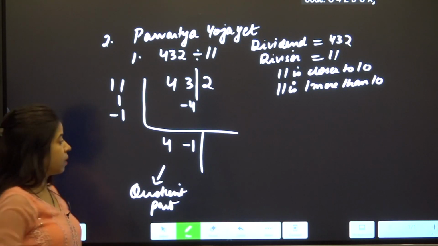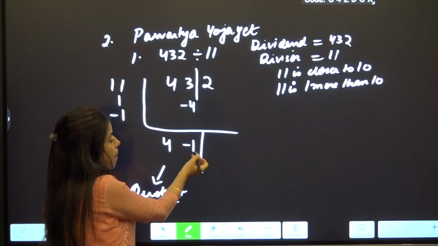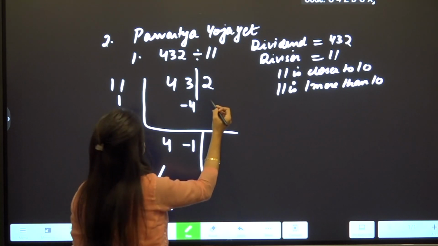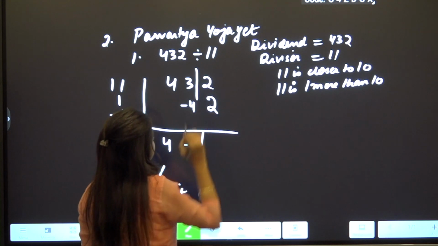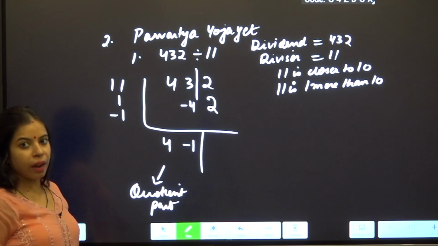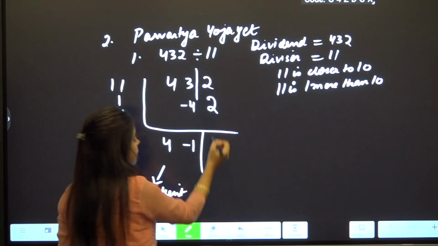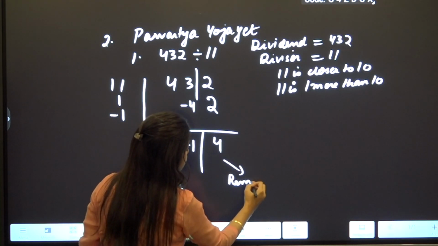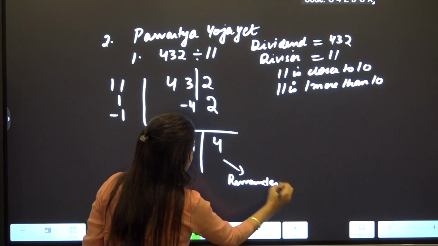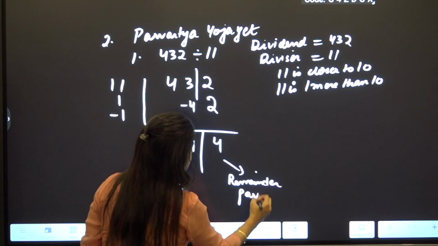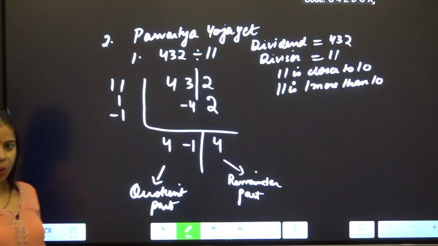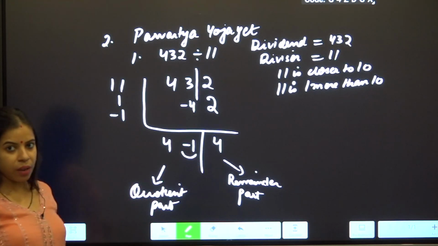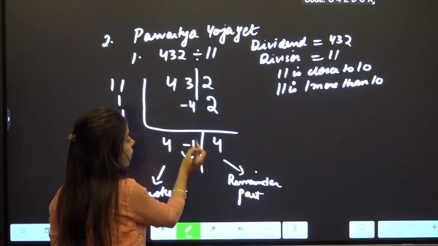For the next step, again we are going to multiply minus 1 with minus 1, which is 1. Okay. And we are going to add this, and this is going to form the remainder part. But this is not the final answer because we have a minus here. Okay. So, how are we going to deal with it?